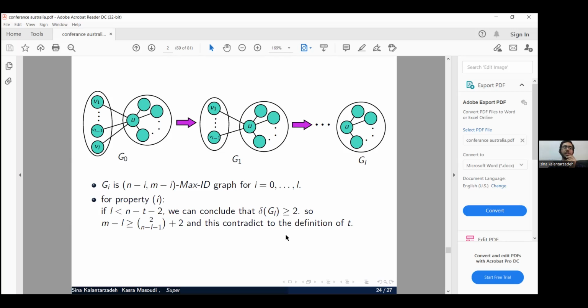Since it is a max-ID graph, we have this inequality between its number of edges and number of vertices from our theorem 1, which by some computation leads us to a contradiction.